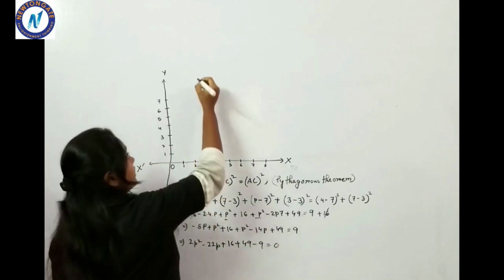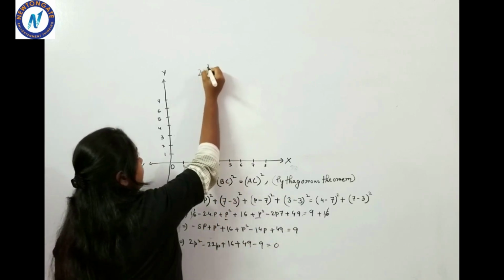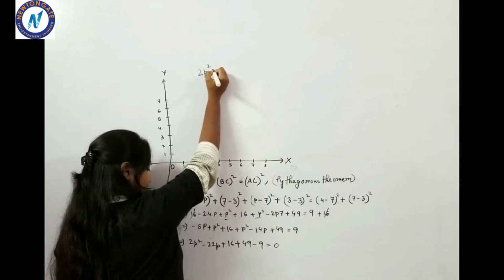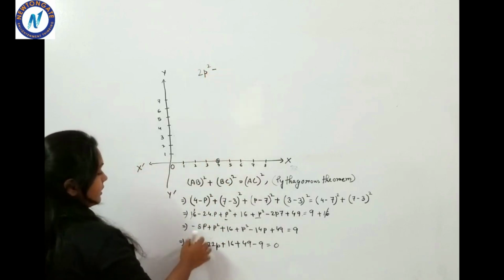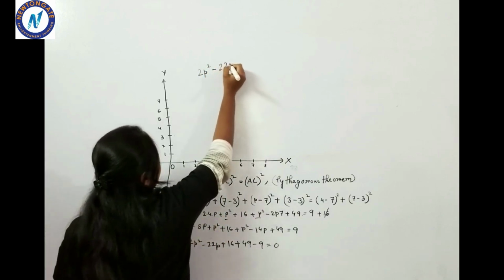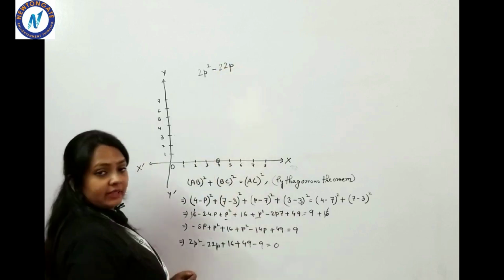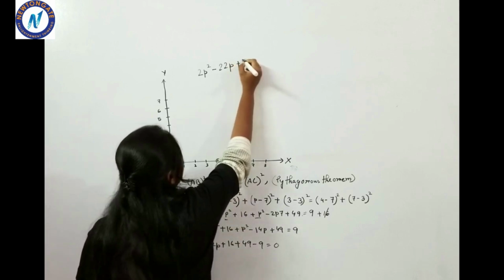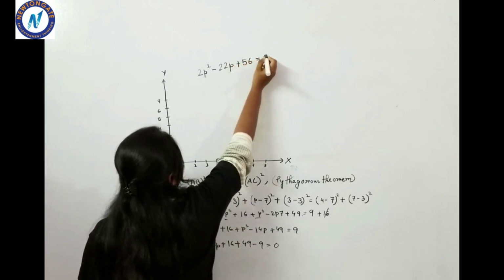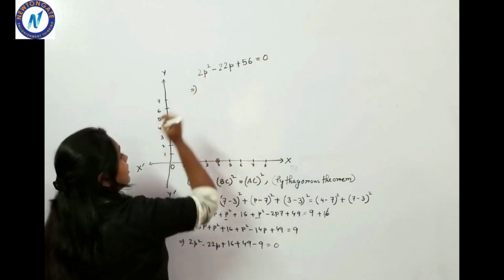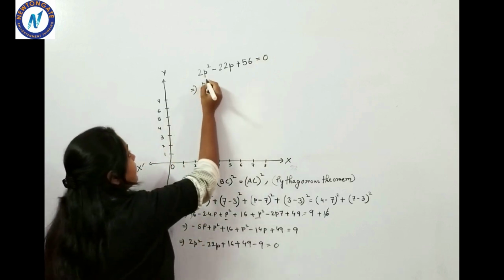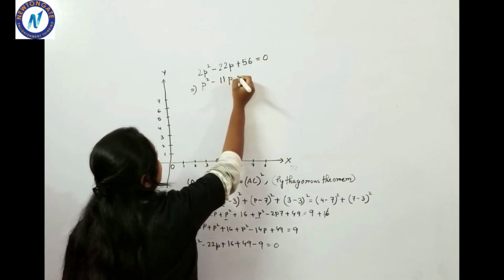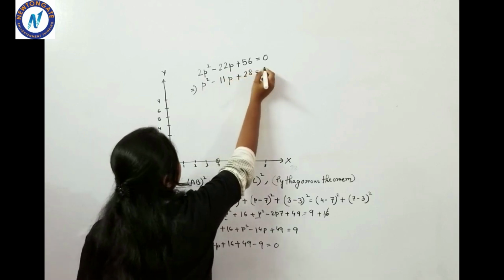Then we will get 2p square minus 22p, 49 minus 9 is 40, plus 16 is 56, equals 0. Then we take common 2, and we will get p square minus 11p plus 28 equals 0.